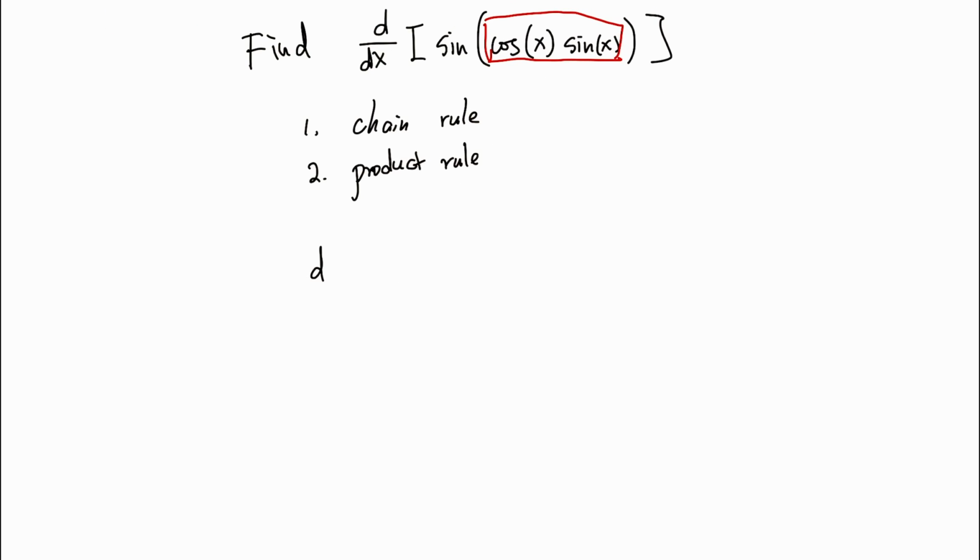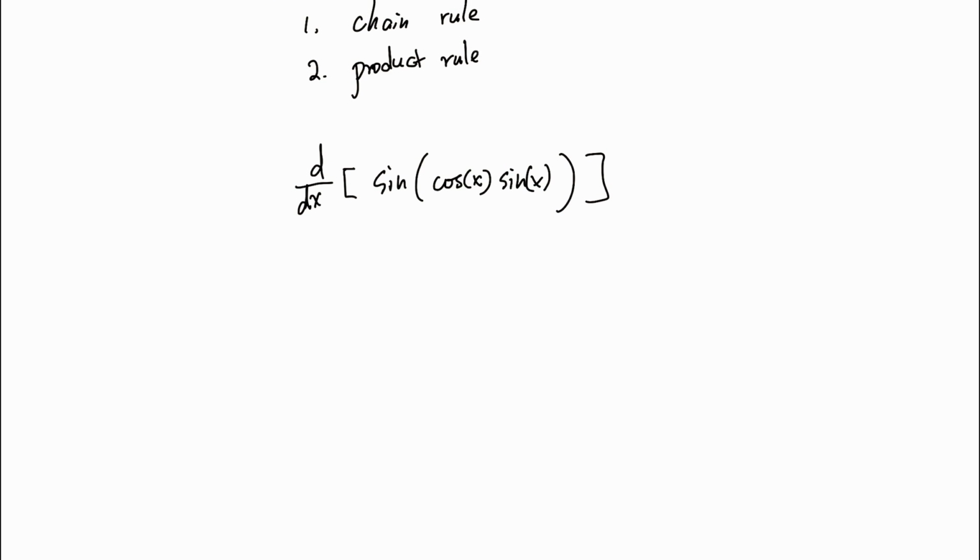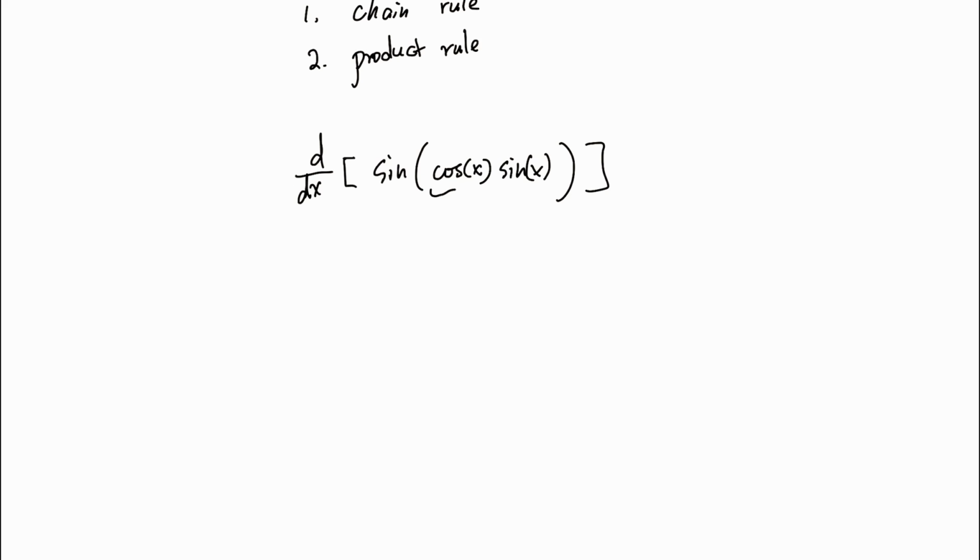It asks us to find the derivative with respect to x of sine of cosine of x sine of x. If we want to take the derivative of that, we need to use the chain rule.